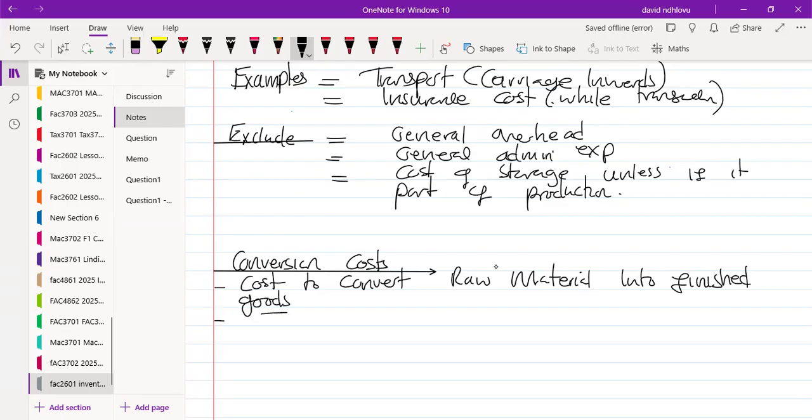Remember, these costs are incurred in the factory.